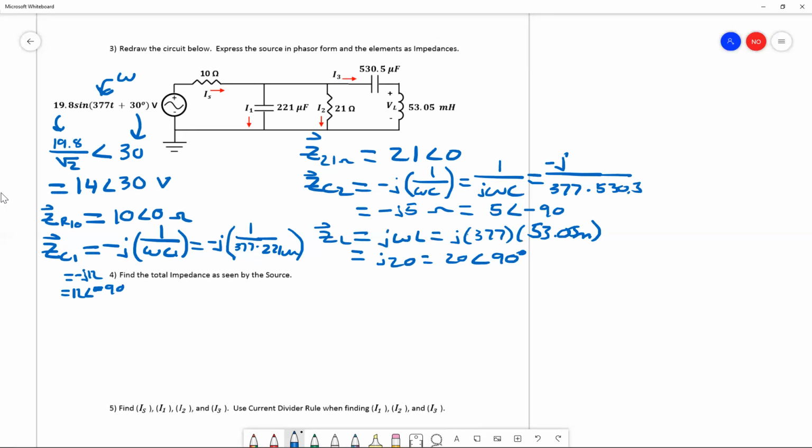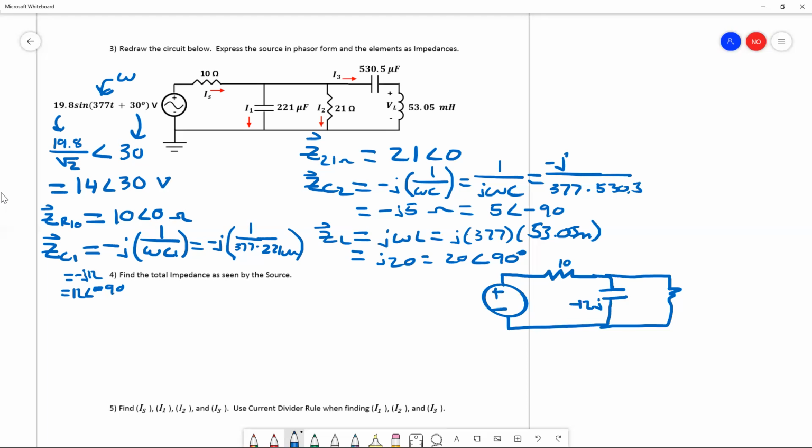The next problem asks us to find the total impedance. So let's redraw the circuit like the previous one asked us to do. We've got our source here, and now we've got a resistor still at 10. We've got a capacitor now with our neatly labeled negative 12J.